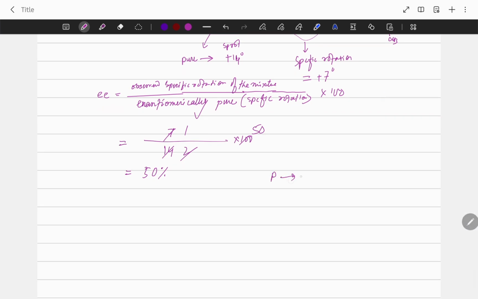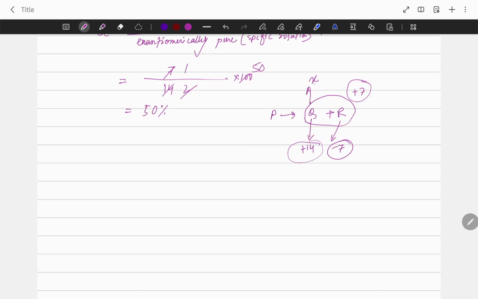Now let's say the S percent is X percentage. So what is the percentage of R? It is 100 minus X. Then this enantiomeric excess, 50%, is equal to EE, which is X minus (100 minus X).